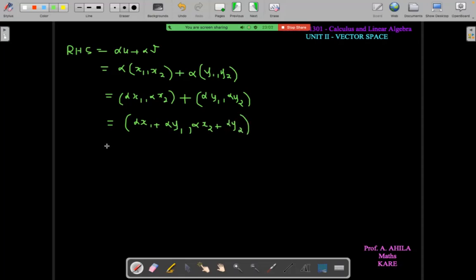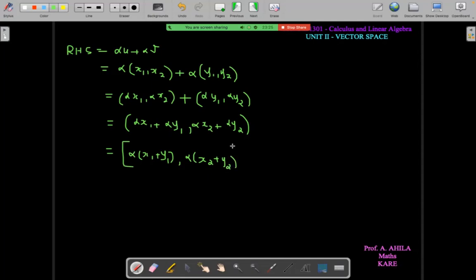Okay, now we can take alpha common. So alpha into (x1 plus y1), comma, alpha into (x2 plus y2).